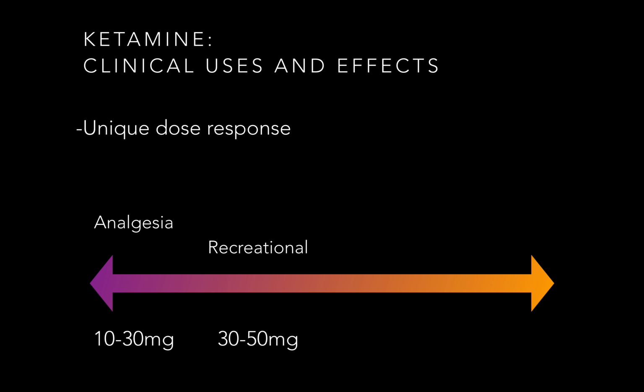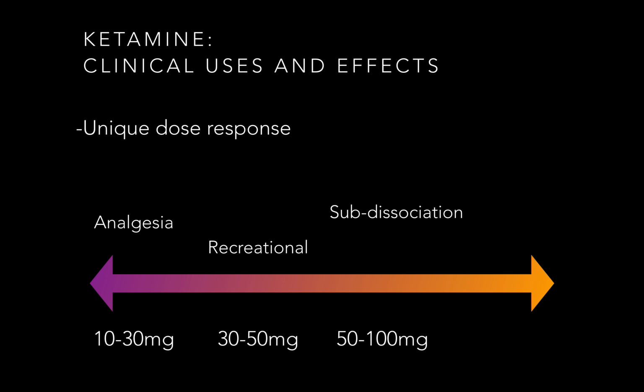As you walk up the doses, you get into an area that Dr. Strayer has coined the quote-unquote recreational dosing, and indeed ketamine is abused and used for its euphoric effects and its sort of hallucinatory effects in the community. It's kind of a rave drug, kind of a party drug. It's reportedly quite euphoric and quite popular.